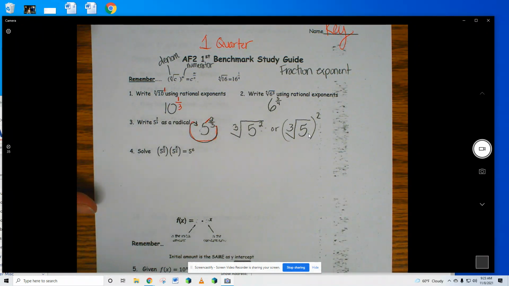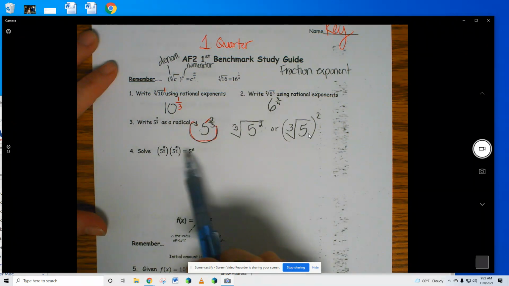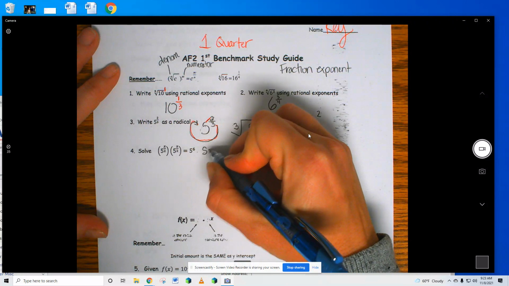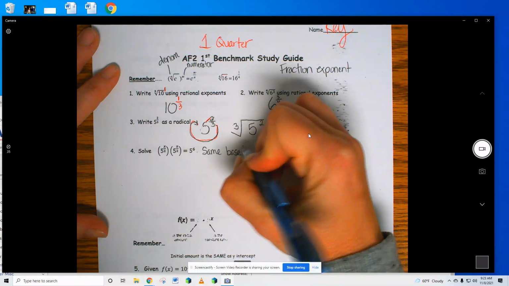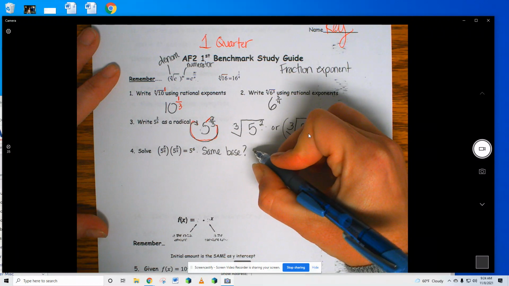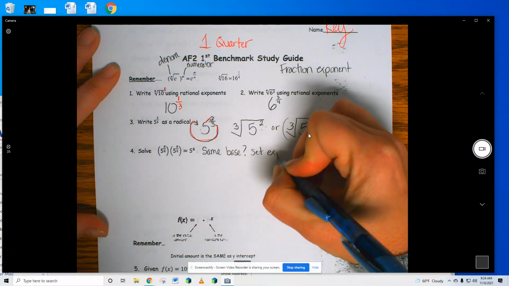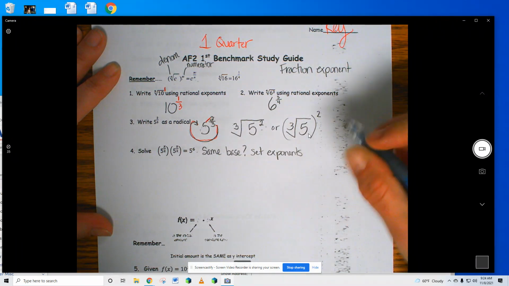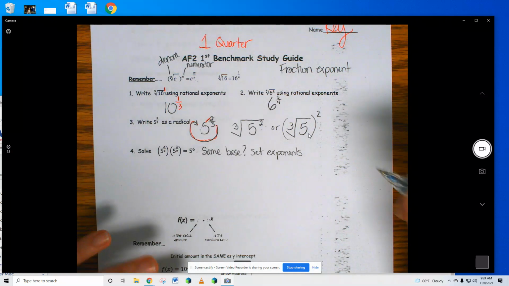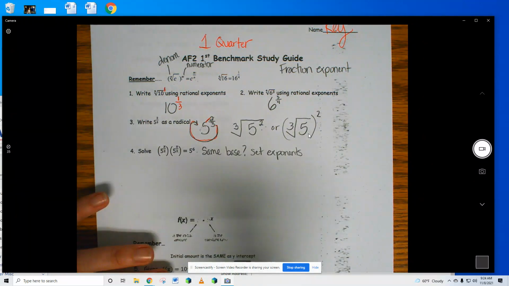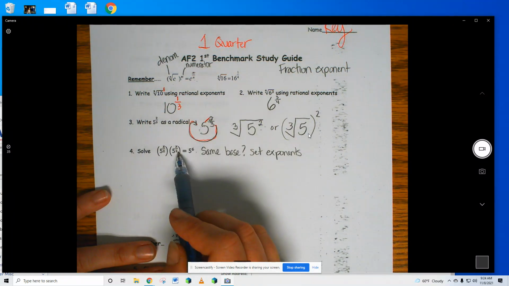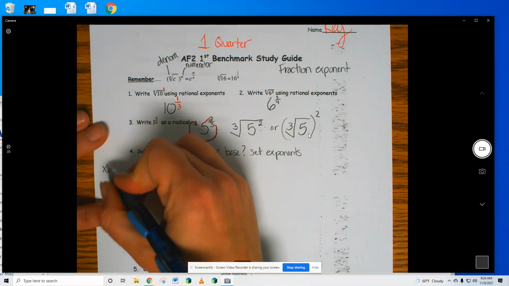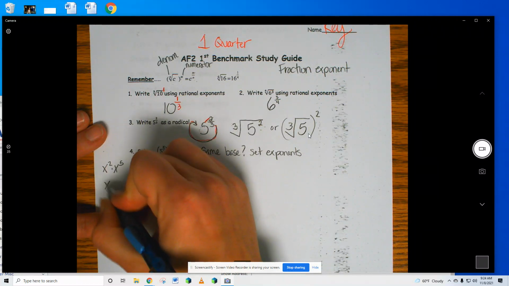If the base is the same, set the exponents equal. So here's what that looks like. I have an x divided by 2 and an x divided by 2. The properties of exponents, remember when it's like x squared times x to the 5th, we do x to the 2 plus 5.